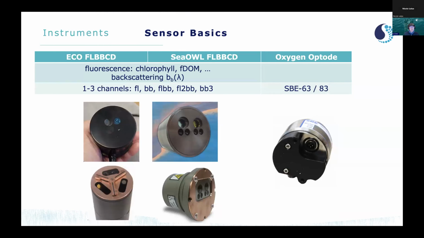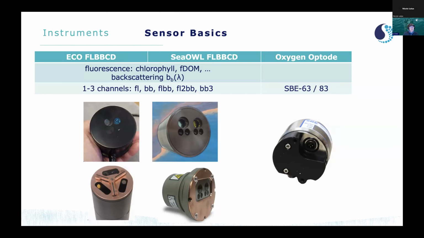So again, here are the sensors we're going to take a look at today. We're going to focus on chlorophyll fluorescence, backscattering, and fluorescent dissolved organic material fluorescence. It's also called CDOM. FDOM is supposedly the correct word, but I'll probably be using those words interchangeably.